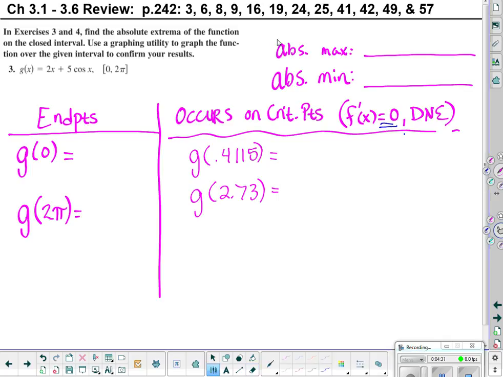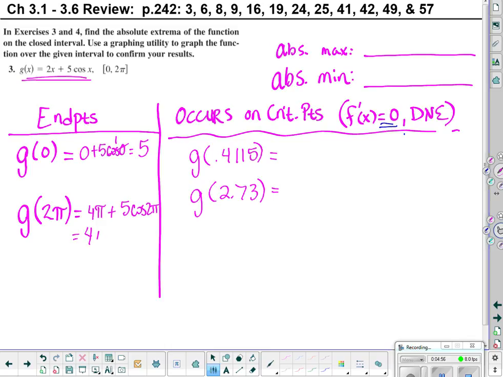So go to your calculator. You can do 0 plus 5 cosine of 0. Cosine of 0 turns out to be 1, and this will be a value of 5. At 2 pi, I'll have 4 pi, because 2 times 2 pi gives me 4 pi, plus 5 cosine of 2 pi.